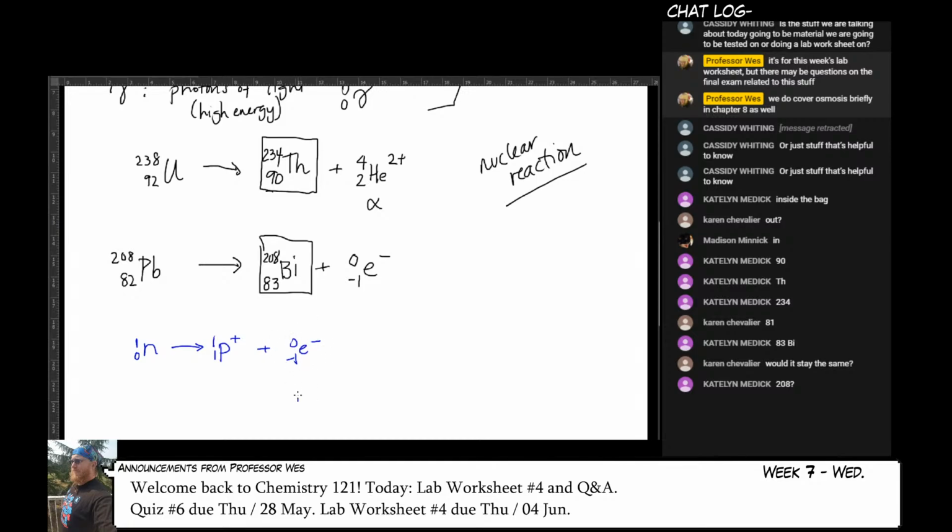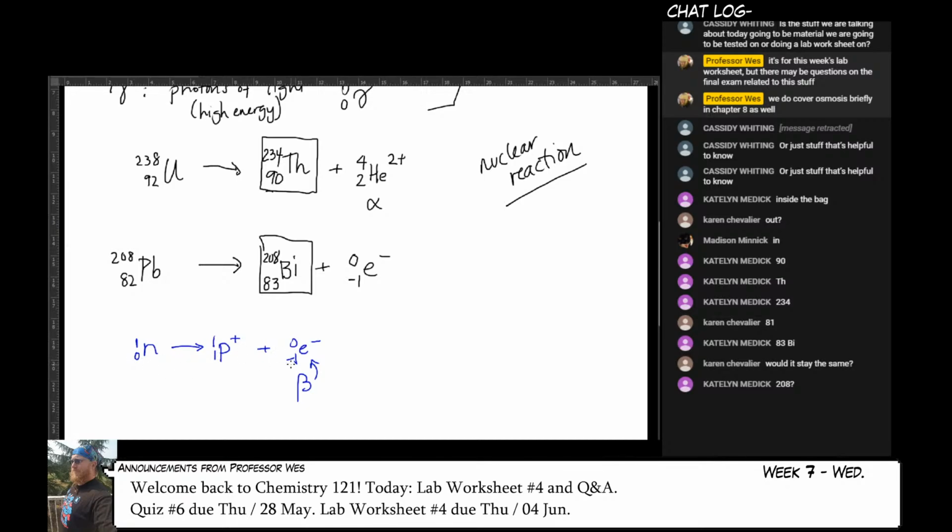And so this is the beta particle right here. So what happened was, in the nucleus, one of the neutrons said, oh, I don't want to be a neutron anymore. So it got rid of an electron, and itself became a proton. And so in this way, the mass number, which is 1, stayed the same on both sides. And the charge number, or atomic number, which is 0, stayed the same on both sides too.